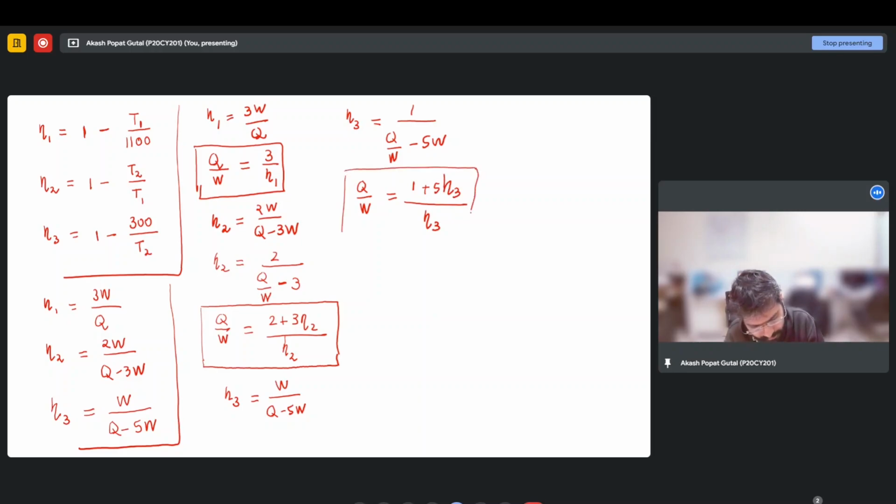So we are getting three different equations. What is common in all three equations is Q by W. So because of that, we can equate them.